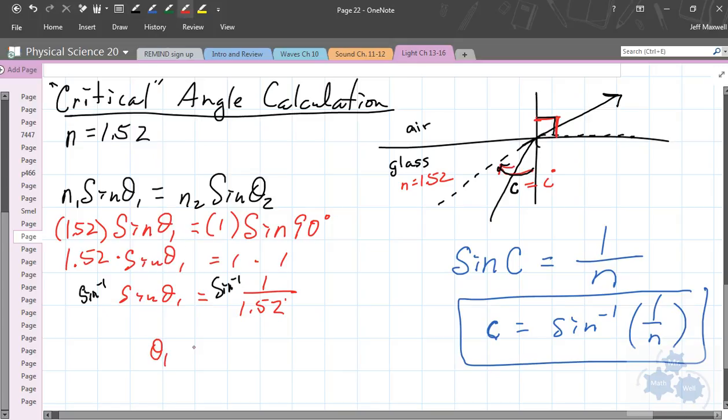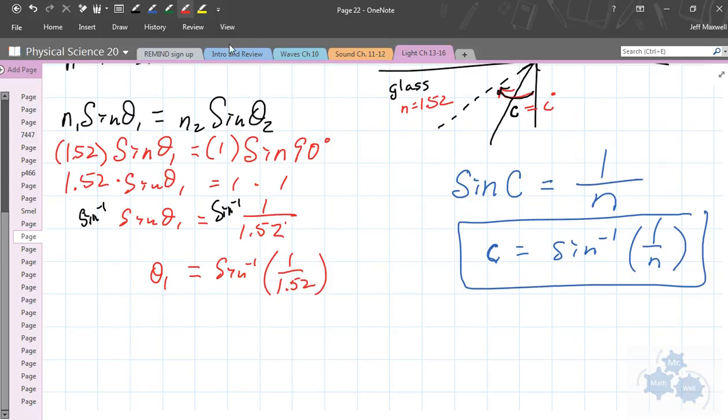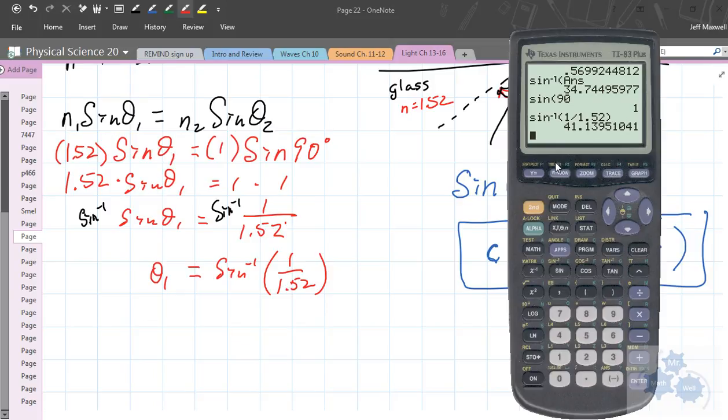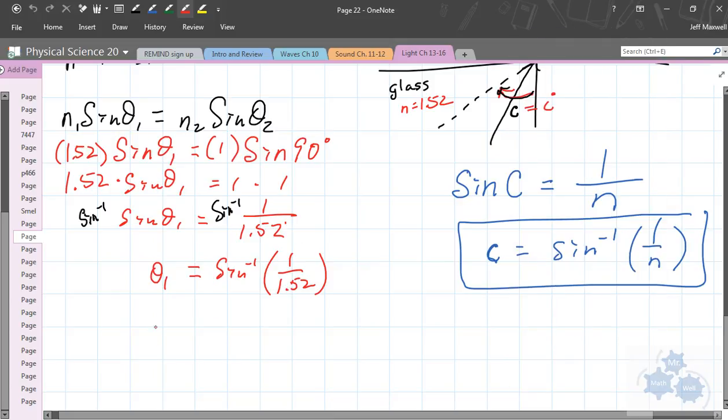So we have theta 1 equals... the critical angle for crown glass is 41 degrees. It's 41.1 degrees.